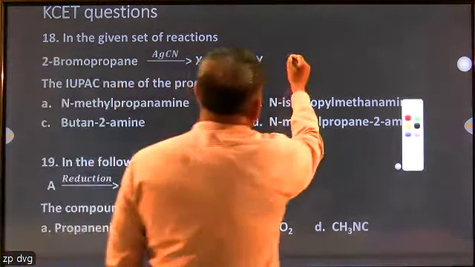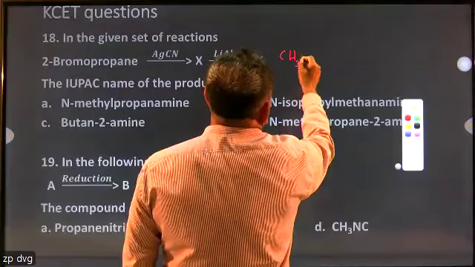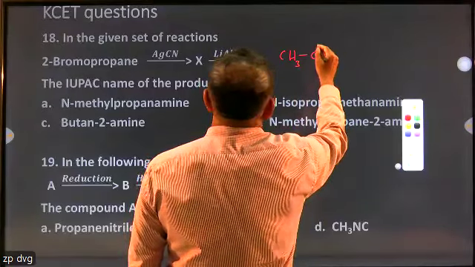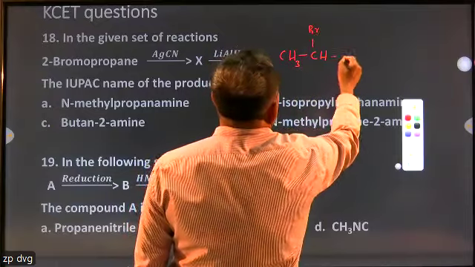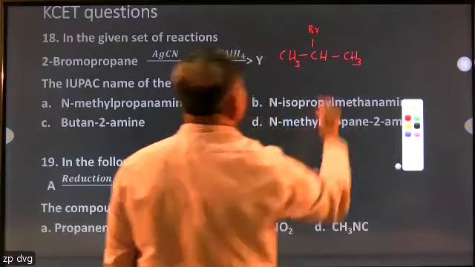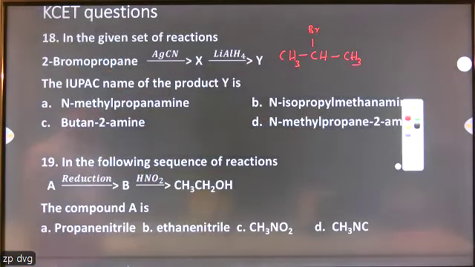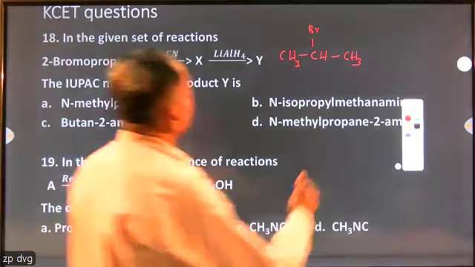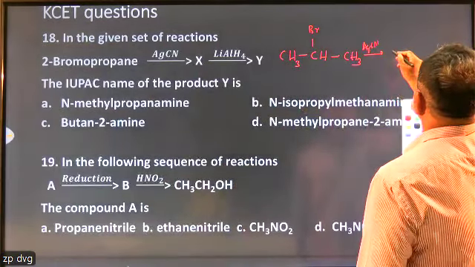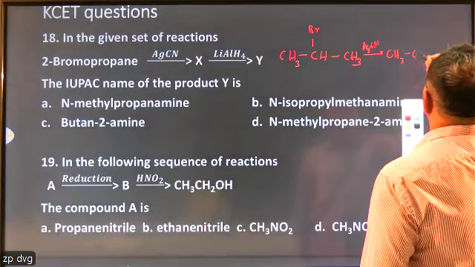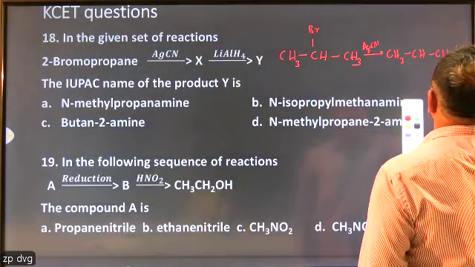So this is 2-bromopropane. That when you treat with silver cyanide, you get this compound.